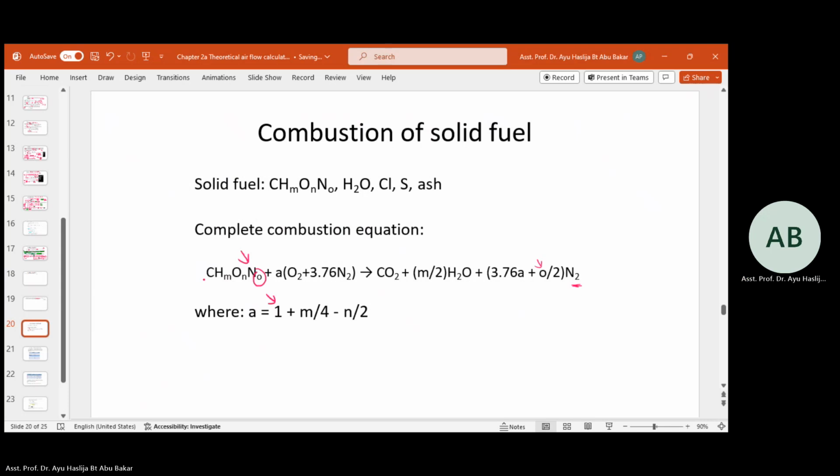Okay. Why do we put 1? Remember when we calculated the chemical formula? We normalized with respect to C. So C must be 1. So in solid fuel, anyhow, C is 1.